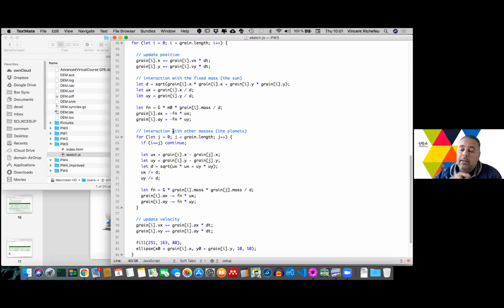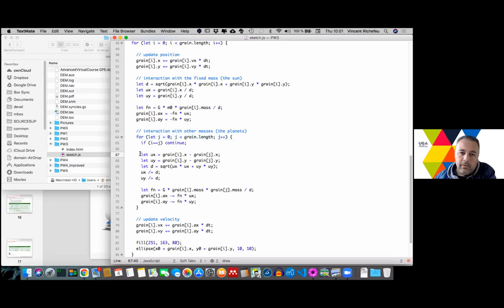Then the particle will be able to interact with the other planets, with the other grains. So we loop over the other planets with index j, grain j. I say that if j is i, I will not interact with myself. So continue means I jump this iteration, I skip this particle.